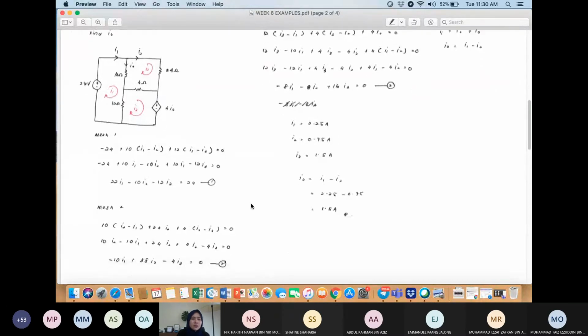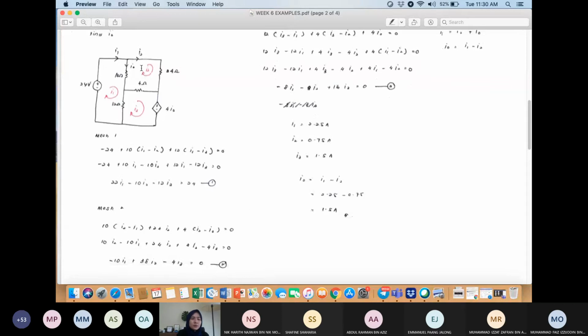Next, let's look at the second loop. Okay, so the first resistor is this 10 ohm. The voltage across 10 ohm is 10 multiplied with I2 minus I1, plus this one, this is 24 I2, plus this is 4 I2 minus I3 equals to 0.